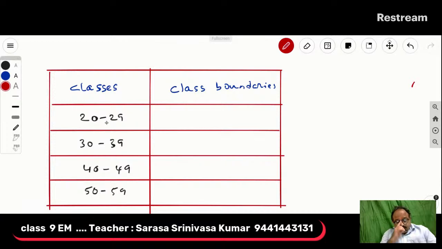So we just take these two values. Here we can write it 29 plus 30 by 2. This is equal to 29.5.